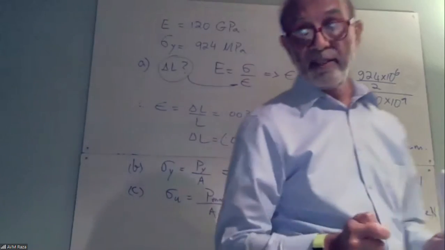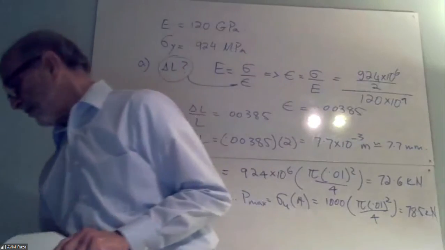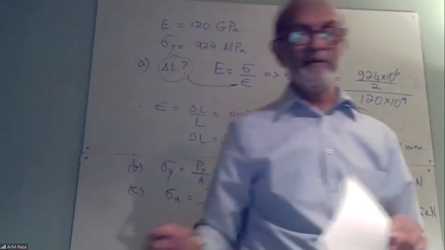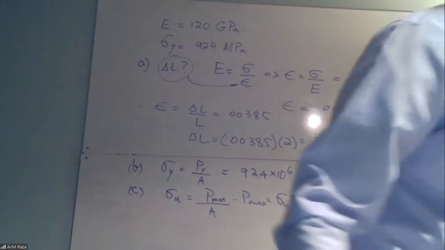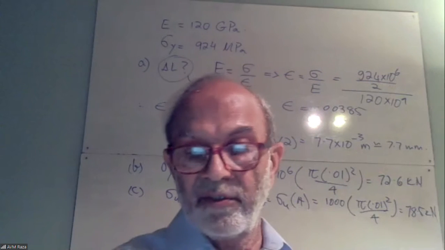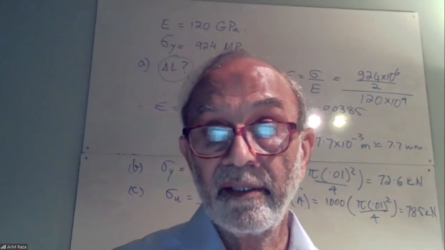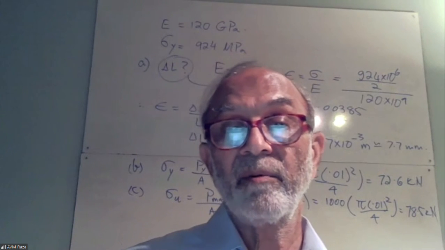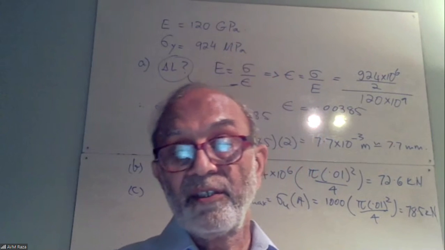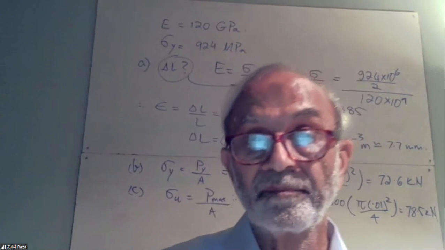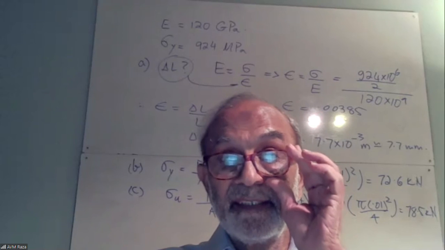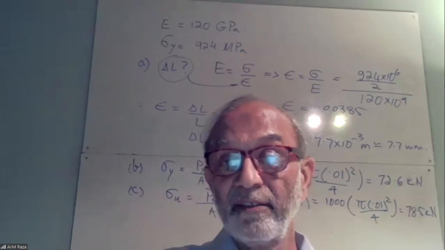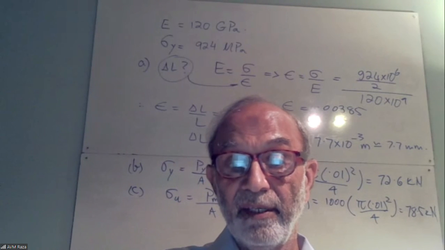I have another example problem for you to do in your own time. This is a question from the book, the group problem solving, in which he has shown a strut supported by a pin at C and an A36 guy wire AB.